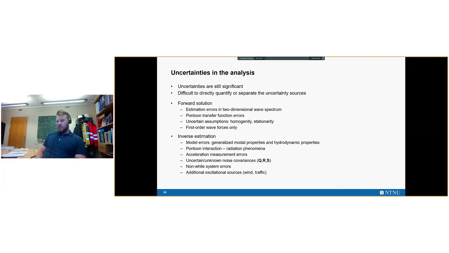And secondly, the methodology or algorithms in the force identification make some assumptions on the errors. They have to be so-called white noise errors, and in reality this assumption is violated. So we also have some uncertainty from that source.